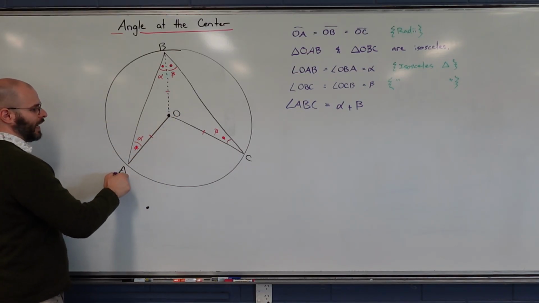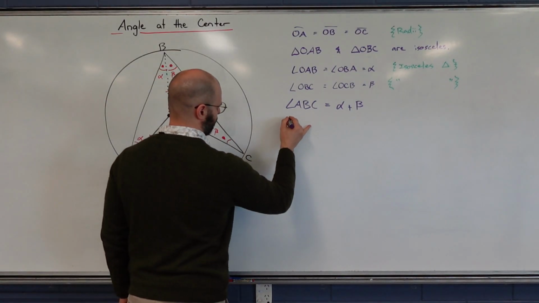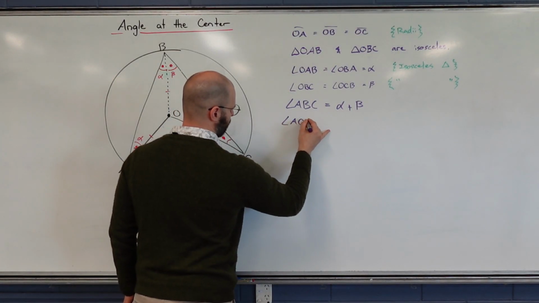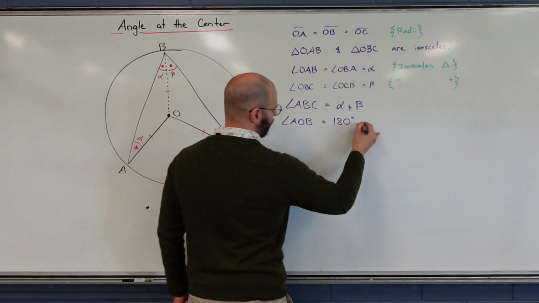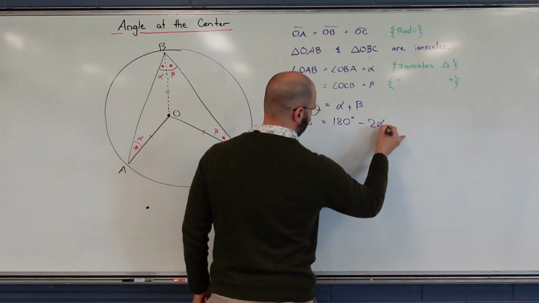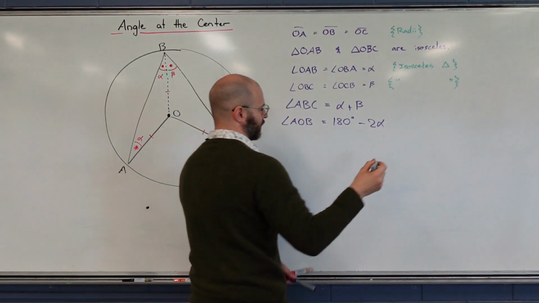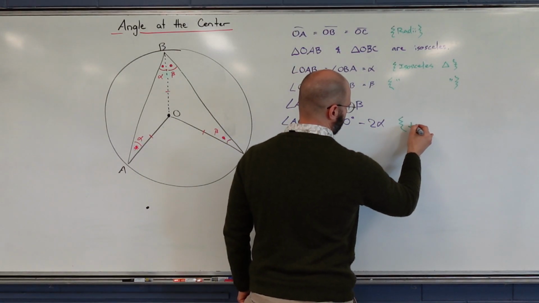So angle AOB has to be 180 degrees, take away 2 lots of alpha. And we know this because it's the internal angle sum of the triangle.